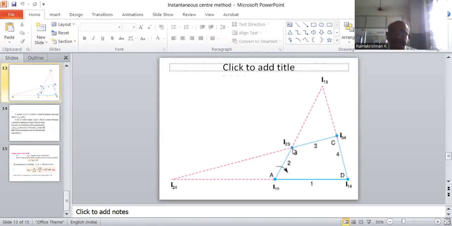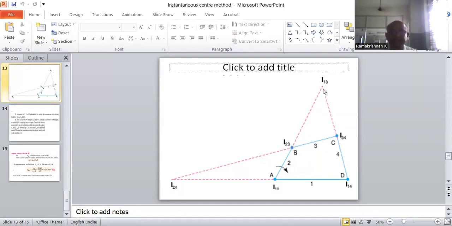Here, B is rotating about the center I13. So, when we consider the link BC, we have to consider the radius of rotation I13B, because for various positions, B is moving to newer positions by rotation at the distance of I13B.